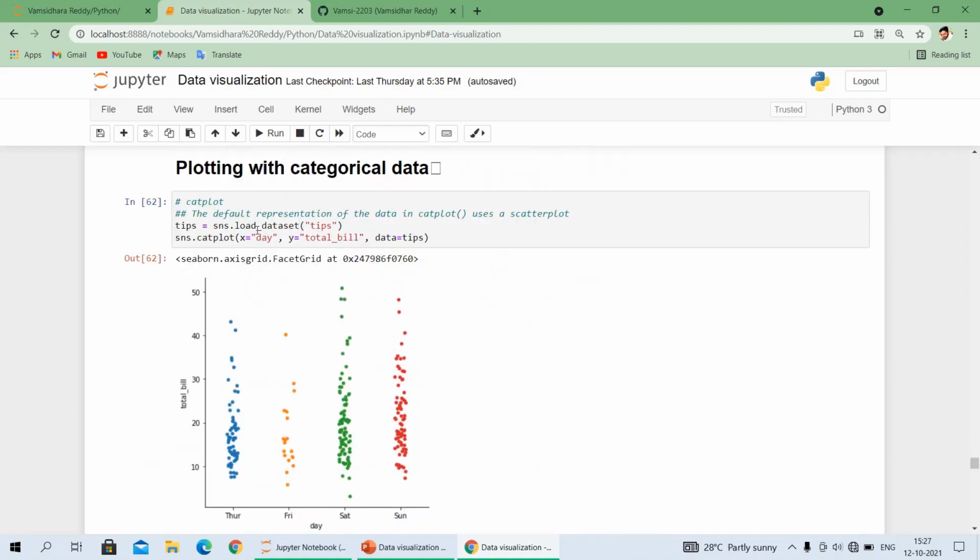For this plotting purpose I am using the dataset tips. Let me show you the data.